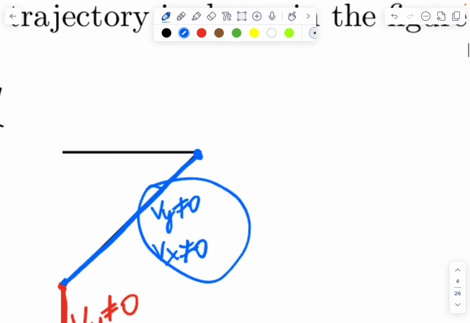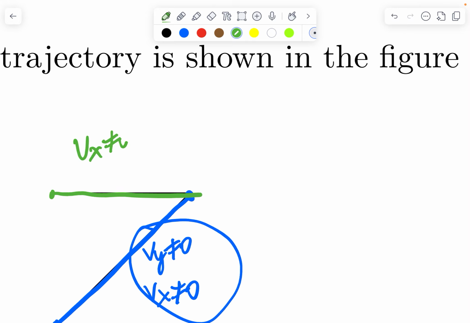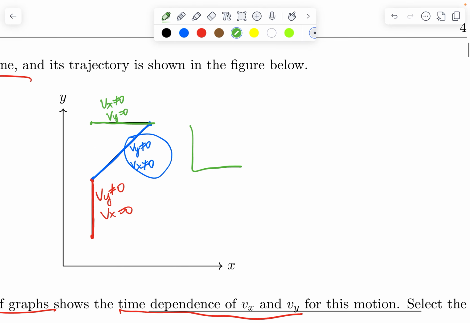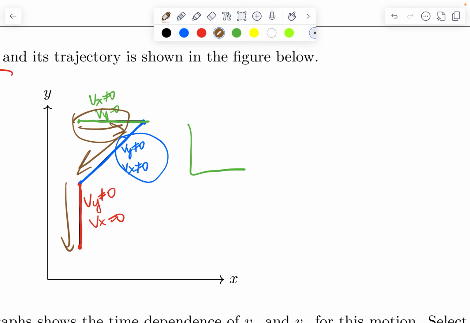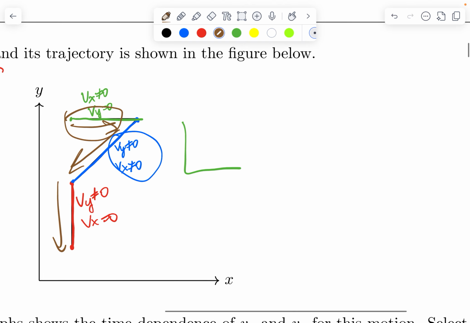Okay. And finally, we have this horizontal part. And here, Vx is not 0 and Vy is 0. So let's try to graph the x. So first, let's think about the particle going this way, okay? Then for the first part, Vx is going to be greater than 0.